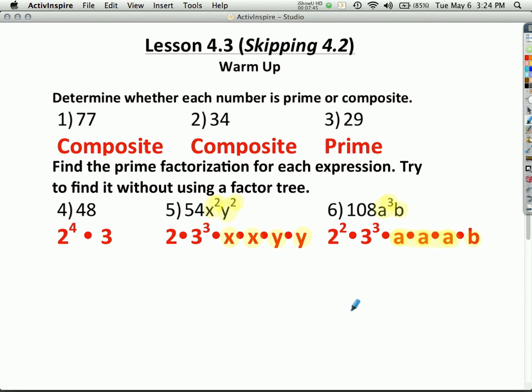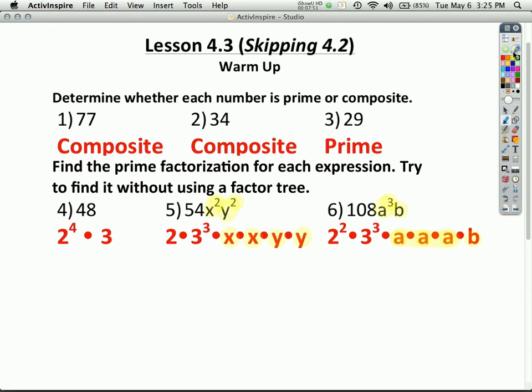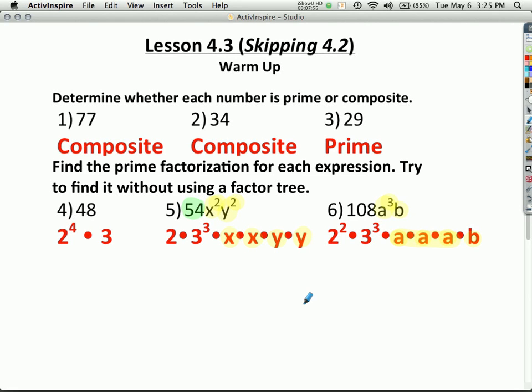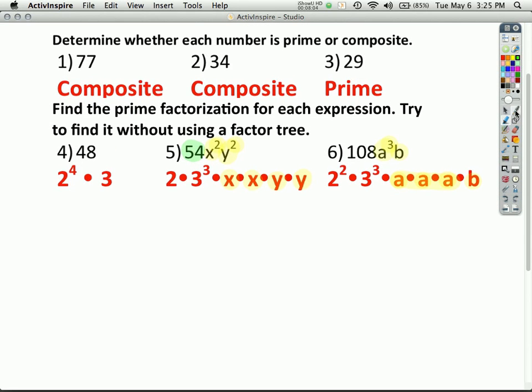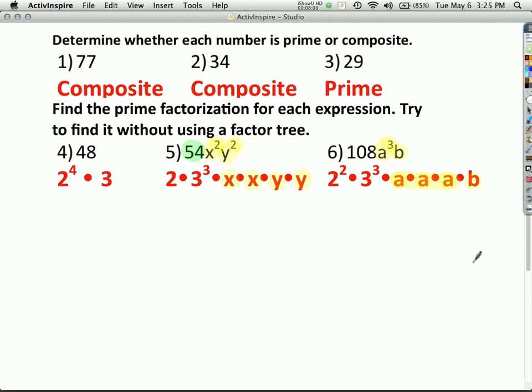Now, the numbers. Let's talk about 54 in number 5. So now I want to focus right here. I asked you to try and do this without a tree, and there is an important reason. So here is my vision of what's going on. I'm going to model what happens in my head. I take the number 54 and I immediately split it.